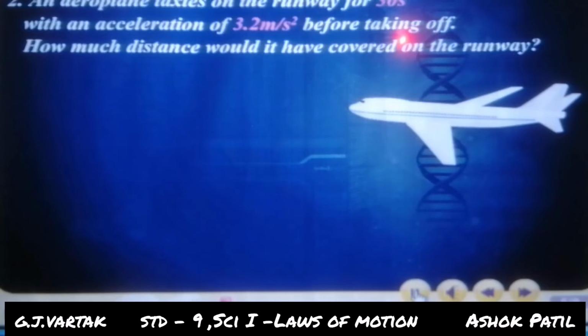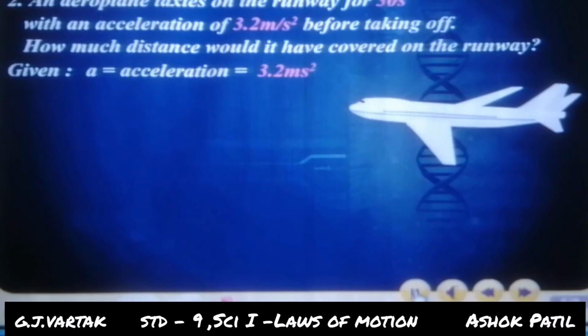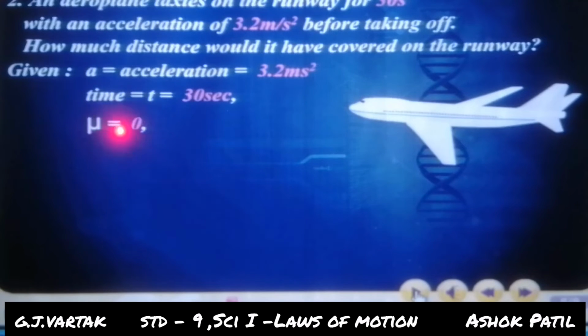Given: a is equal to acceleration, 3.2 meters per second square. Time t is equal to 30 seconds. Then u is equal to 0, the starting velocity of the aeroplane is 0. That's why s is equal to question mark.